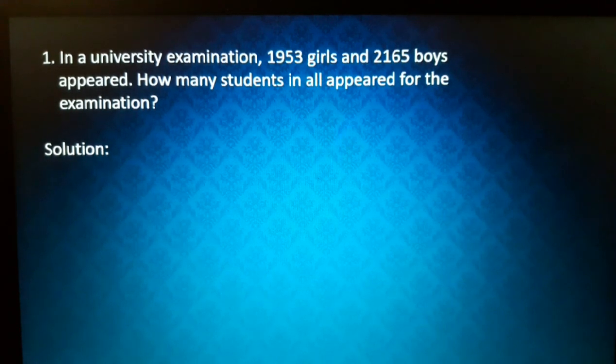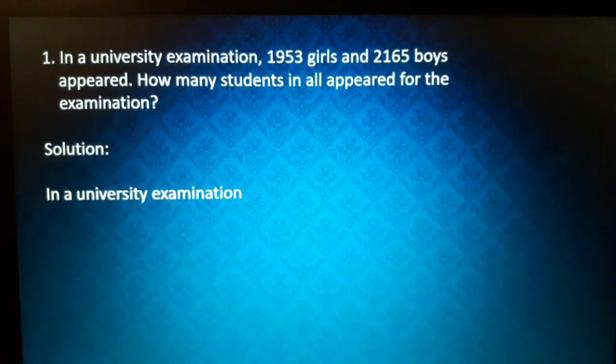So first, writing the statement. First thing you have to know, whatever the question comes up, you have to know what we are talking about. In this question we are talking about a university examination. So the first statement: in a university examination.